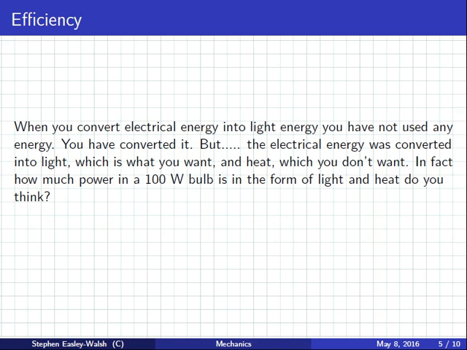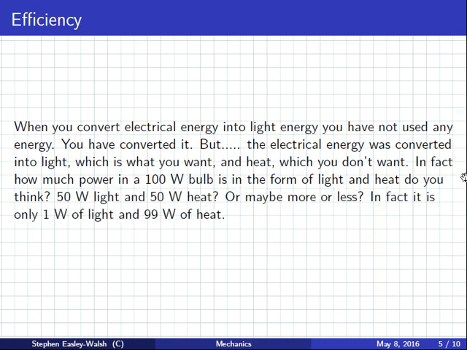Yeah, you're all wrong. Quite wrong, actually. The answer is 1 joule becomes light and 99 joules become heat. So light bulbs, we say, are not efficient. They waste a lot of energy, an awful lot. So not 50-50. In fact, it's 1 and 99.